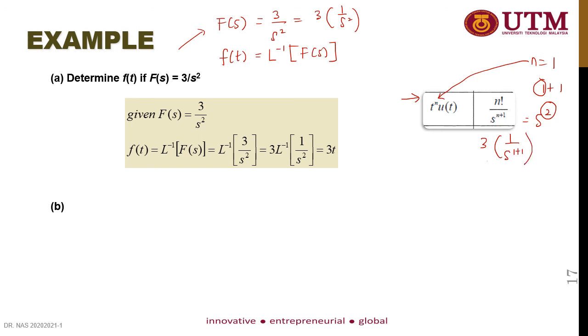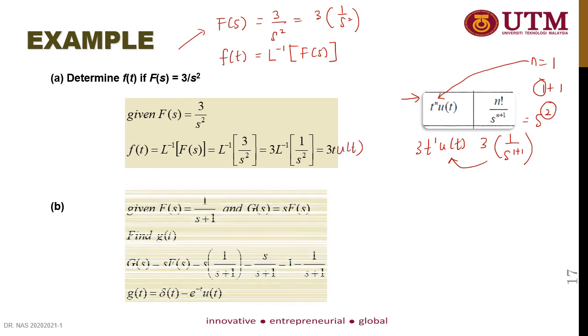So this is equal to 3 t to the power of 1 u(t). Okay, so you have 3t u(t). Same goes to the next example, so you can try this out.